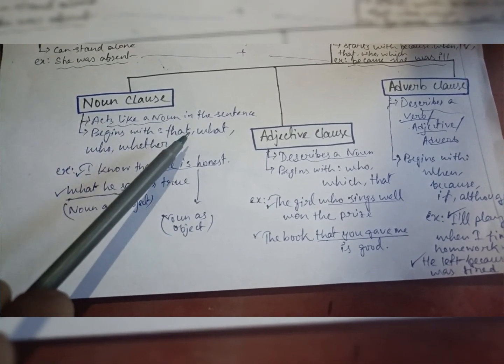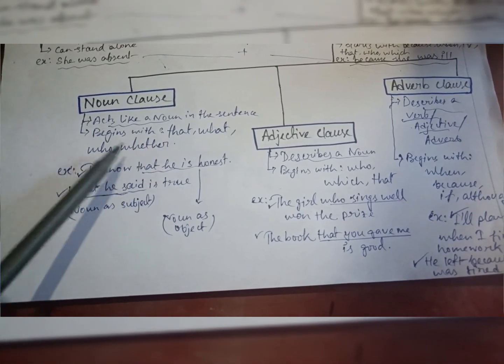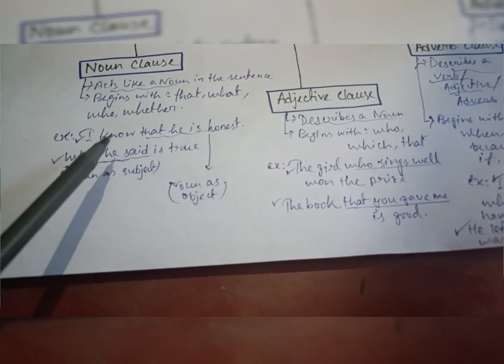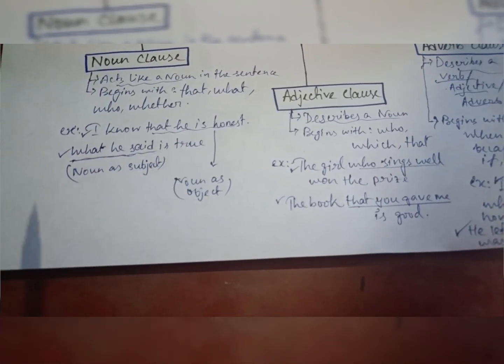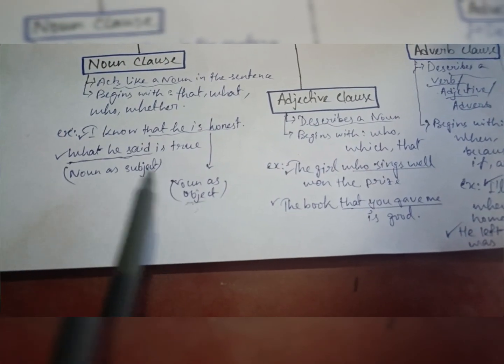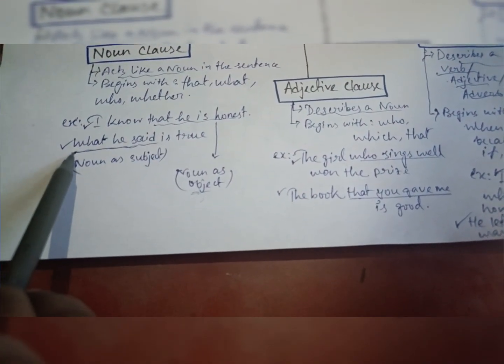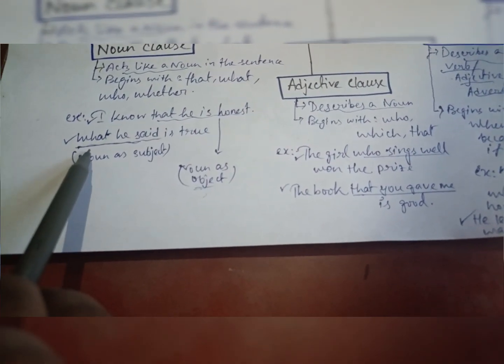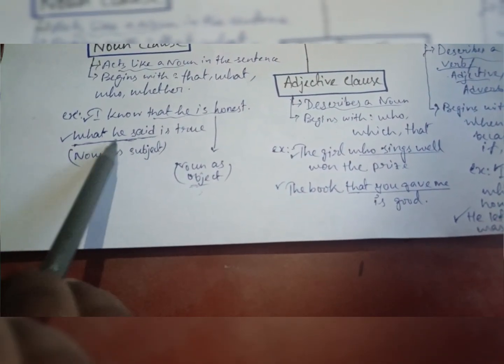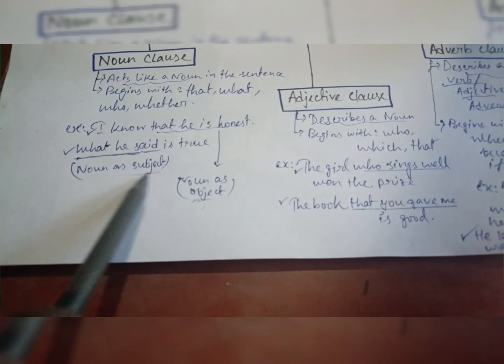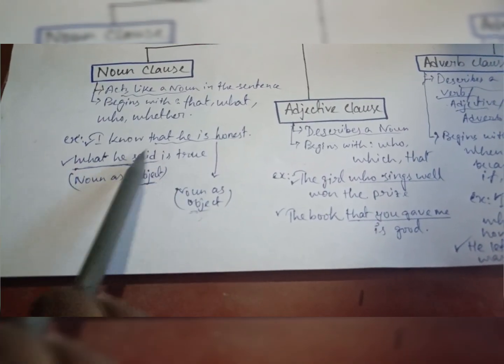It begins with that, what, who, whether. If the noun clause is placed at the end of the sentence, it will act as an object. If a noun clause is situated at the beginning of the sentence, it will act as a subject.